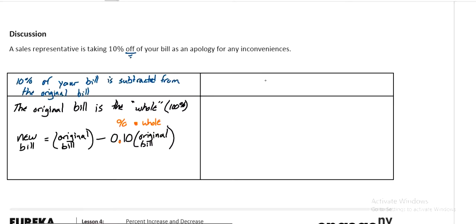The other way of thinking about it is that you are paying 90% of the original bill. You're not paying all of it, because again, they said that you're going to take 10% off, and so 100 minus 10 gives you 90%. So in that equation, the original bill is still the whole.